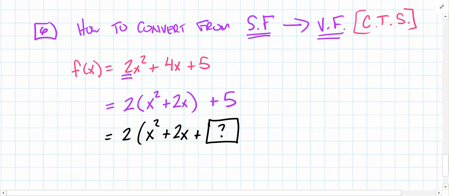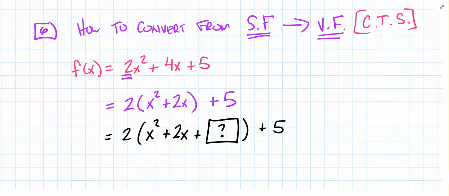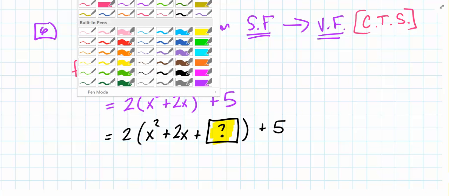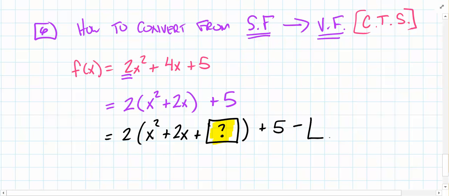And then, because I am adding something to my equation, I need to subtract that same number to keep everything balanced. I am adding and subtracting the same amount on one side of the equation in order to maintain equality from line to line. Does that make sense? Okay, good.